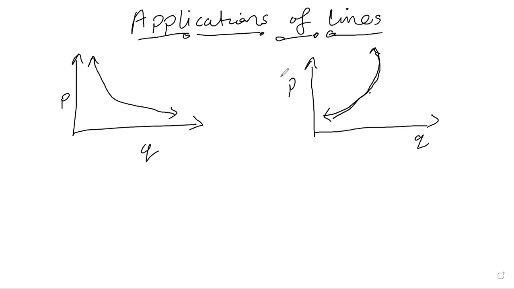So that's for demand and that's for supply, basically. So note that a point (x, y) on the demand and supply axes will be (Q, P), basically. All right, (Q, P) on the demand and supply curve.